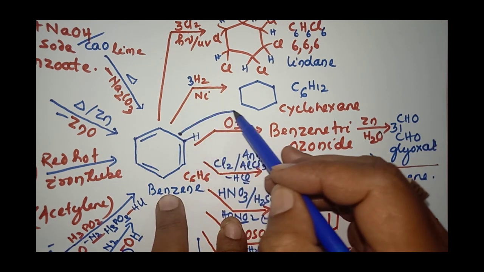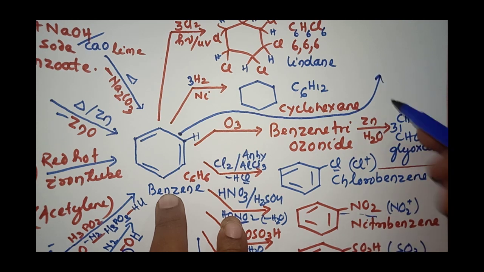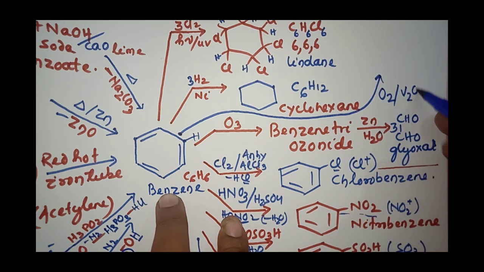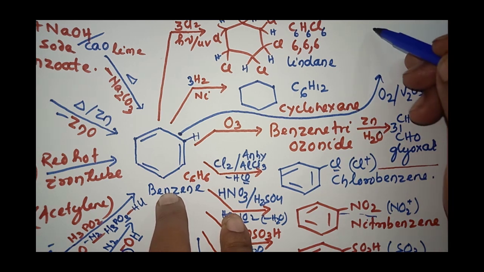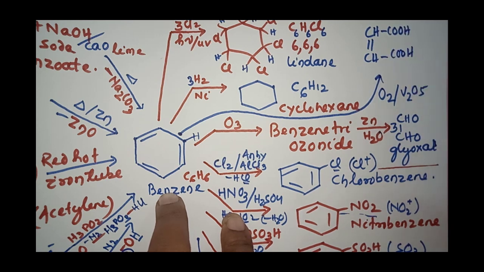When benzene is treated with oxygen in presence of vanadium pentoxide at 500 degrees centigrade, maleic acid is produced. CH double bond CH, COOH, COOH.